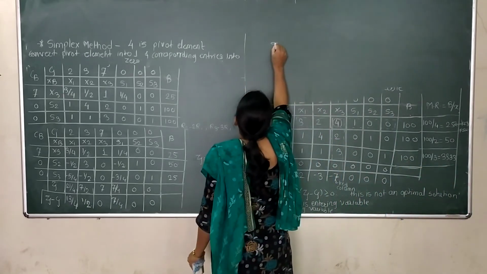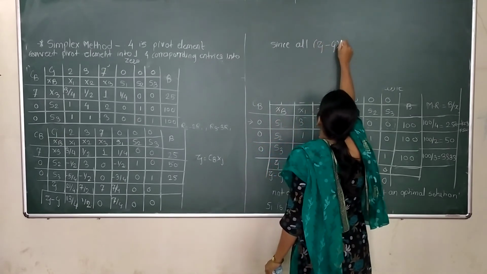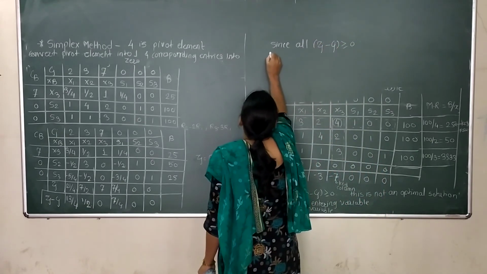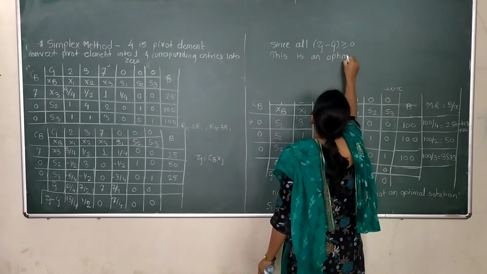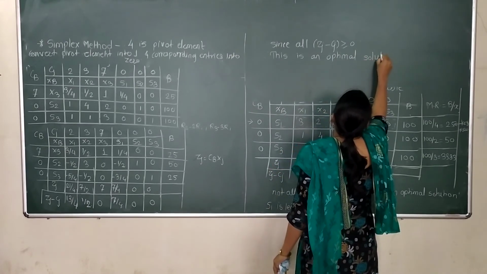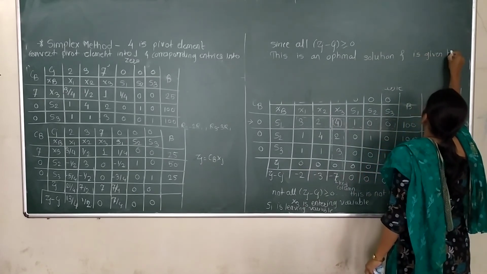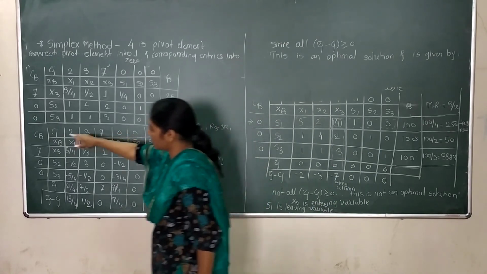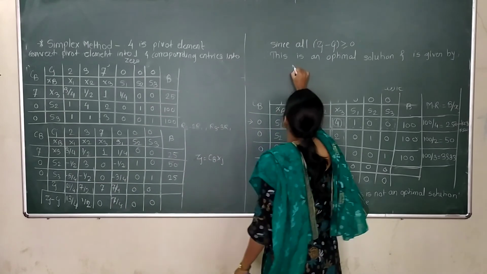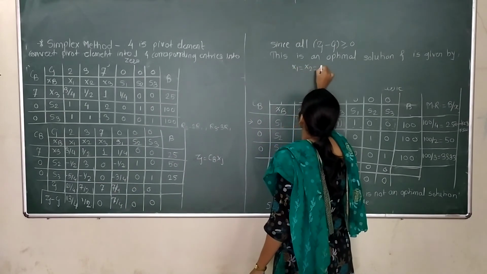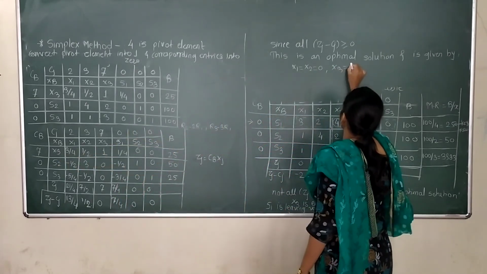Since all Zj minus Cj are greater than or equal to 0, therefore this is an optimal solution, and it is given by: in the basic variable column, x1 and x2 are not present, so they are equal to 0, and x3 is given by 25 in this solution.